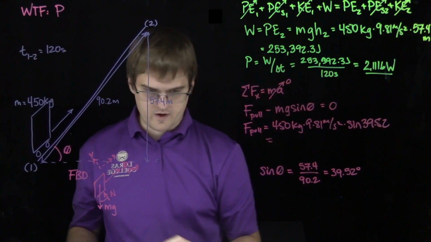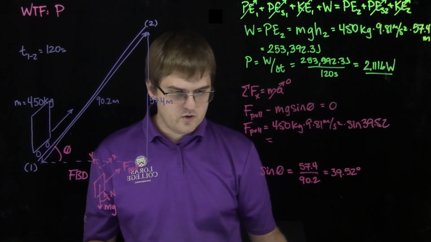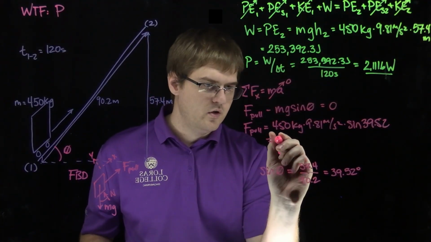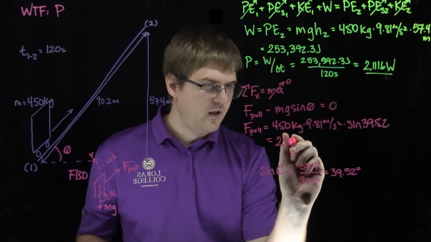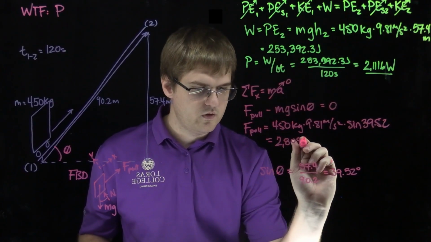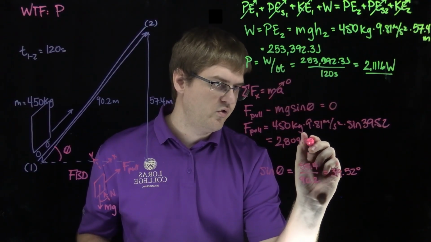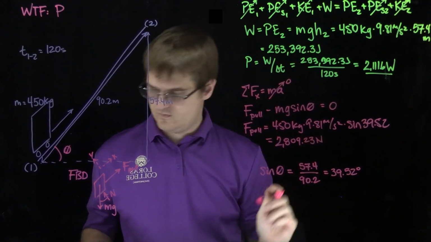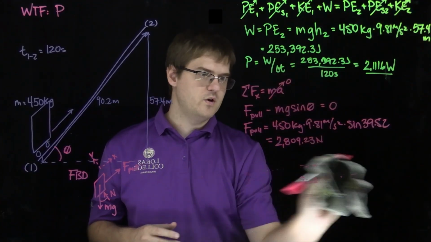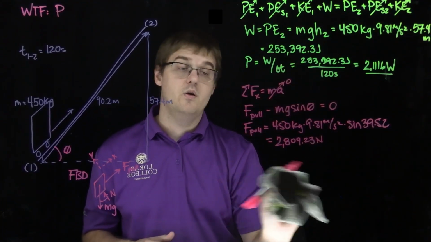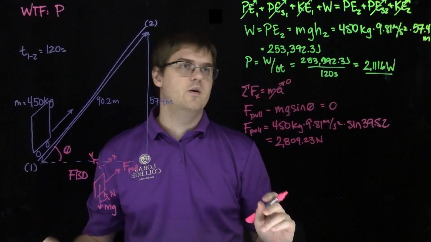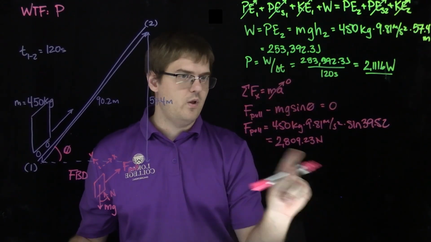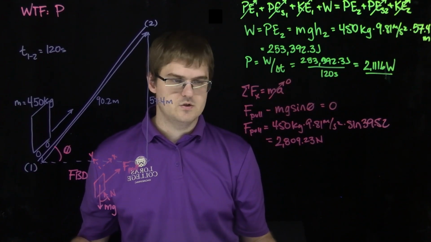And that whole thing comes out to a value of 2,809.23 newtons. So that's my force. Work, I need force and distance. So I could now find my work and use this equation, but the whole idea behind this was to use the other equation, so I need velocity.